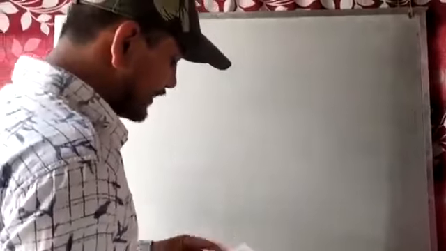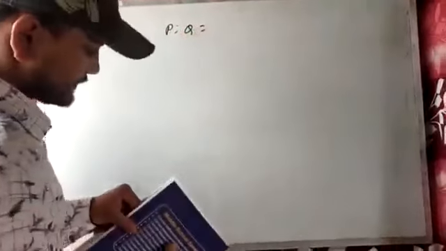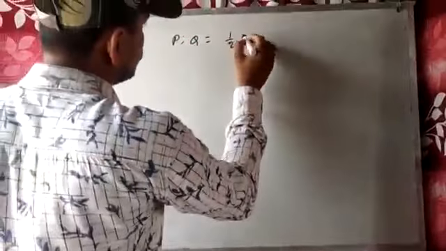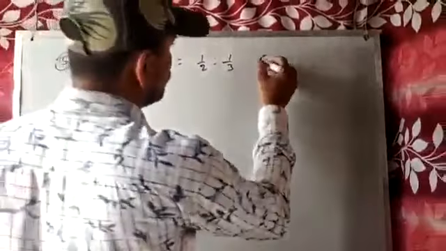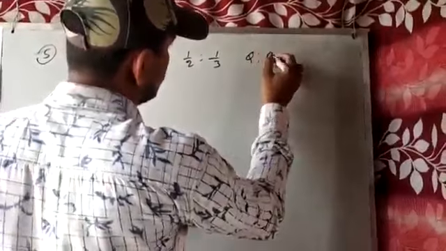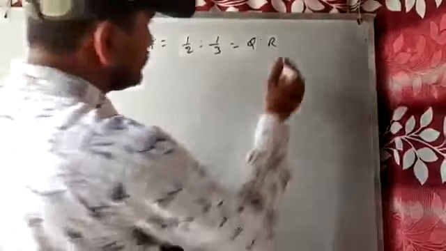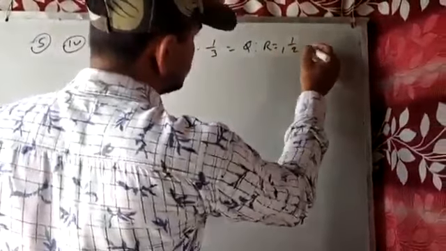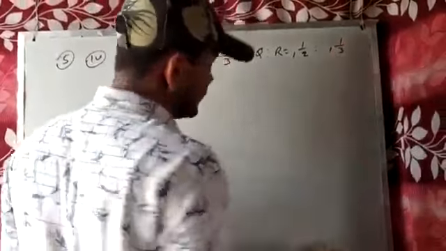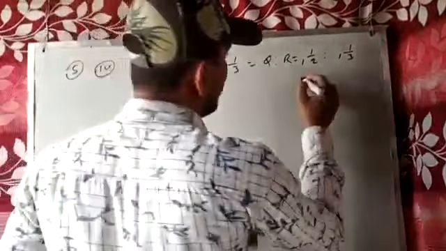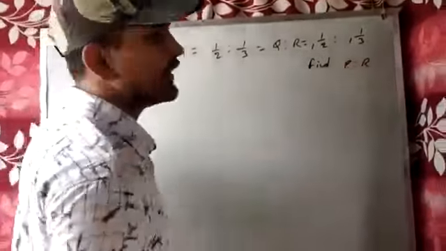See, if P is to Q is equal to 1 by 2 is to 1 by 3, and Q is to R is equal to 1 complete 1 by 2 is to 1 complete 1 by 3, then we have to find P is to R. See here, we have to find only P is to R.